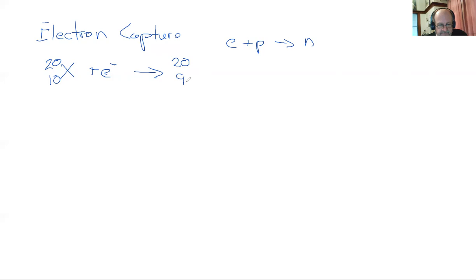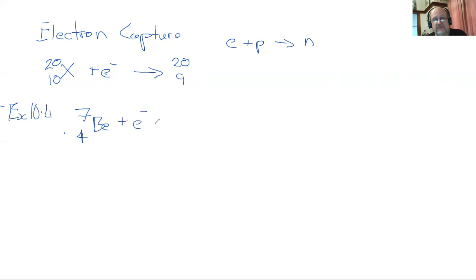So let's actually try this again with the real thing. We have beryllium 7, plus an electron.